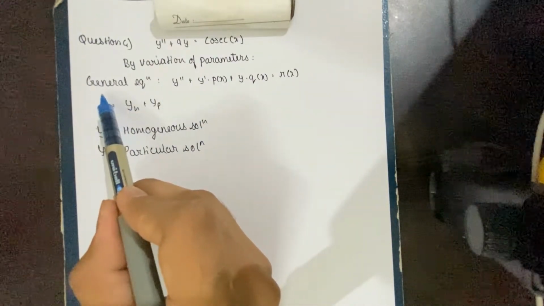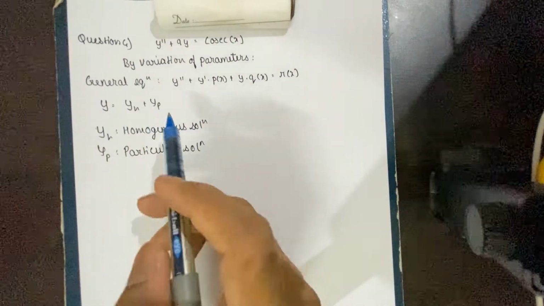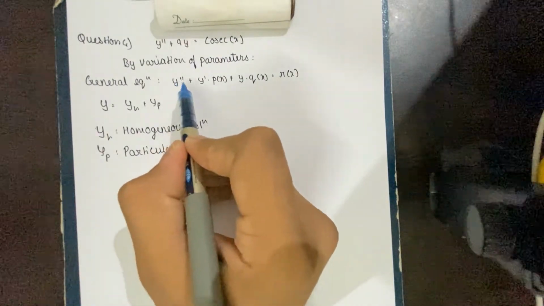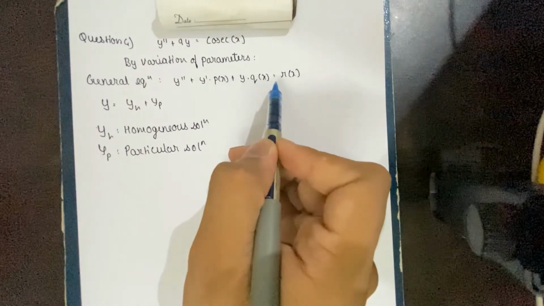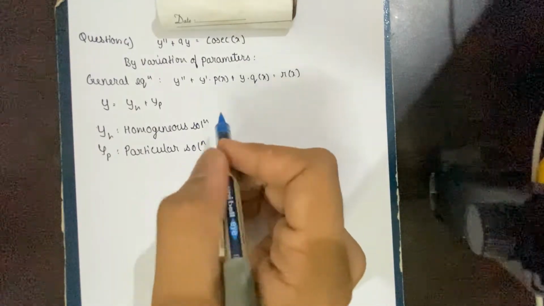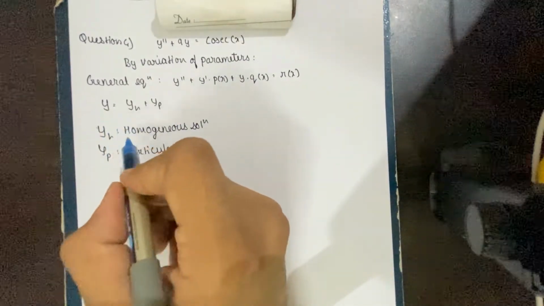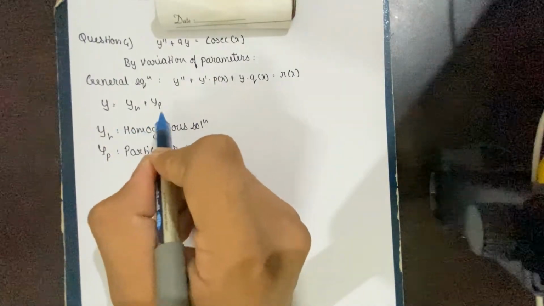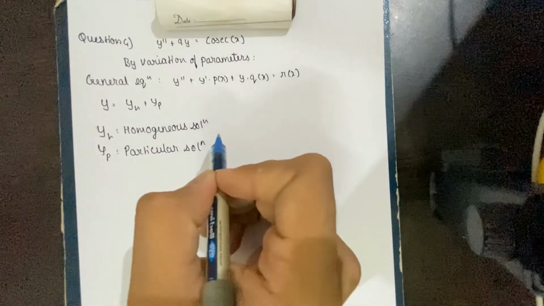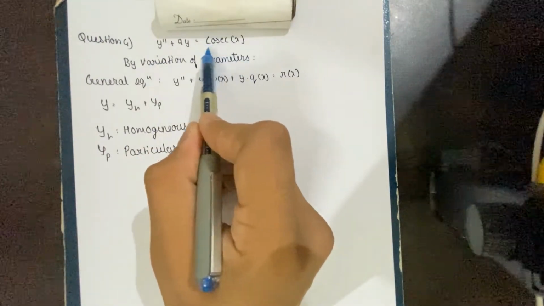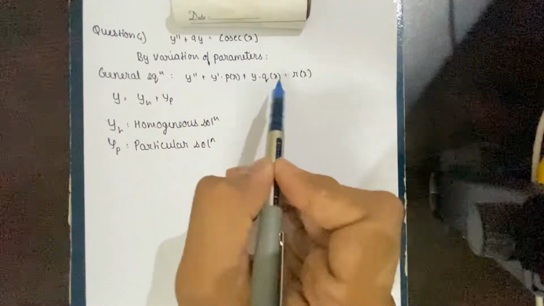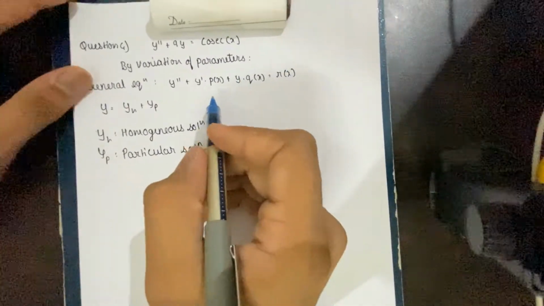So the general equation in this method is y double dash plus y dash times p of x plus y times q of x equals r of x, and the solution y has two components, the homogeneous solution and the particular solution. The homogeneous solution is the solution of the equation without cosecant of x, that is without r of x, if you will.